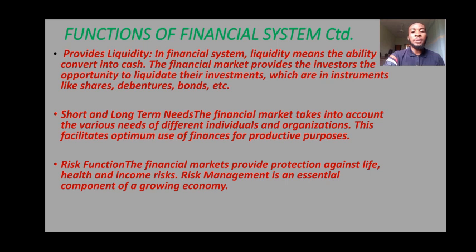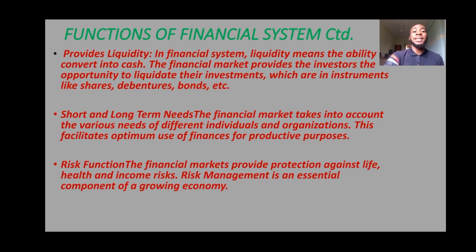The next point talks about short and long-term needs. The financial market takes into account the various needs of different individuals and organizations. This facilitates optimum use of finances for productive purposes.